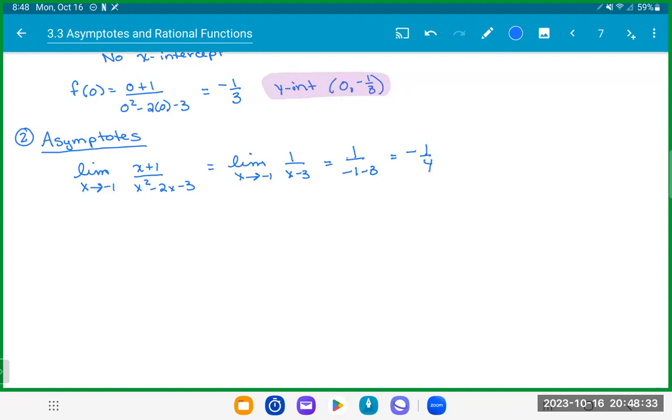Since the limit exists, the line x equals -1 is not a vertical asymptote.